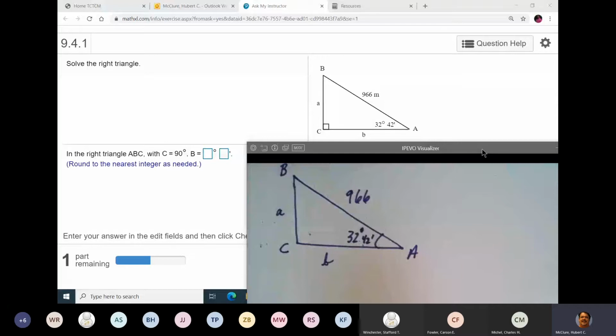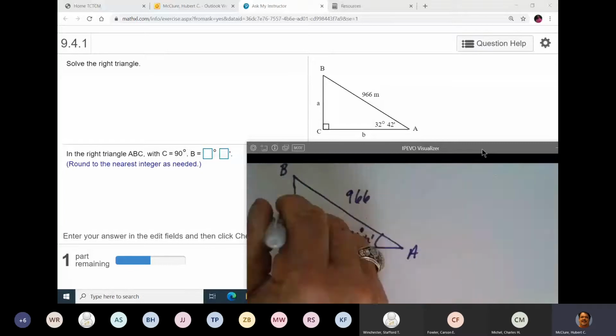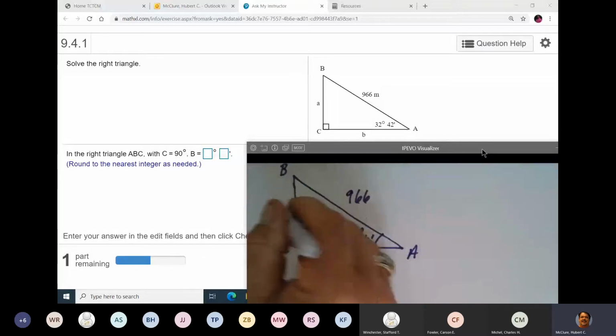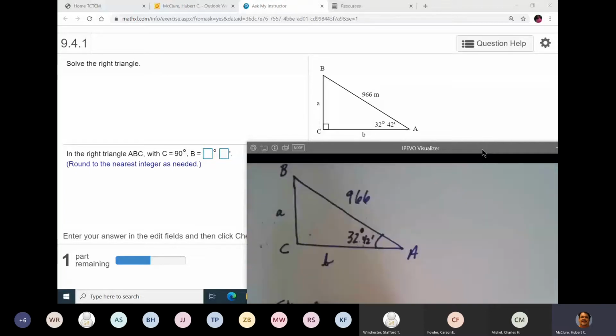I'm just going to solve for whatever I want to. We know that this is the opposite over hypotenuse, so we can do sine of 32 degrees 42 minutes is equal to A over 966. Okay.